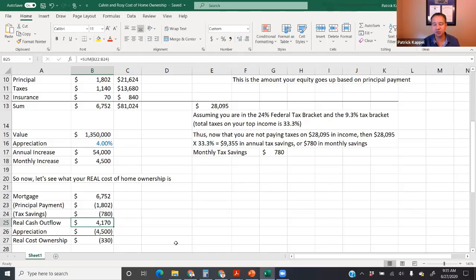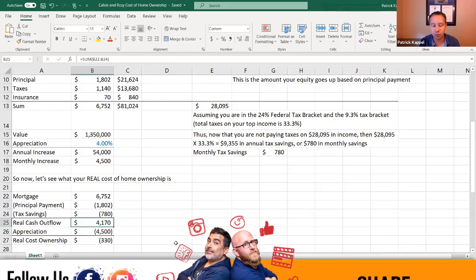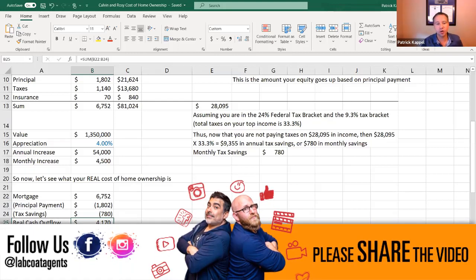You and I know that over 20, 30, 40, 50 years, they will hit the long-term average. They'll have some years where it goes down, some years where it goes up exponentially. But in the long run, they will hit the long-term average of appreciation. I put in 4%. I honestly think it's going to be more like 4.5%, 5%, but they will certainly hit 4% appreciation. And that equates to $4,500 a month in appreciation.